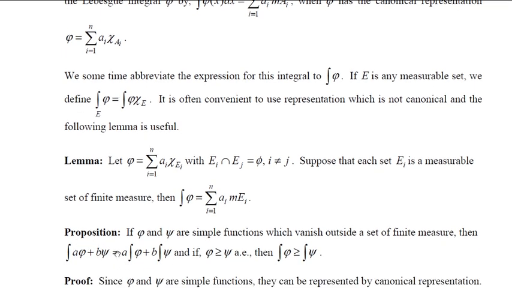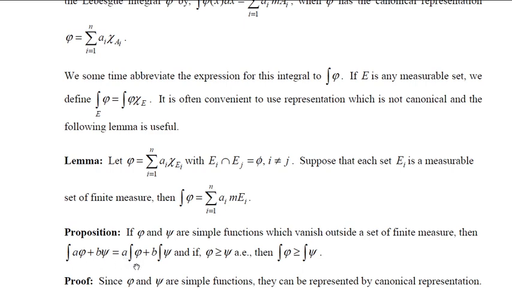Now the proposition: if phi and psi are simple functions which vanish outside a set of finite measure, then prove that the integral of a phi plus b psi is a times integral phi plus b times integral psi. And if phi is greater than or equal to psi almost everywhere, then integral phi is greater than or equal to integral psi.